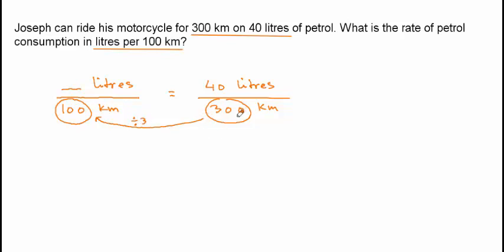And because the rate is fixed, which means all these fractions that you get are equivalent fractions, you need to divide this 40 with 3 as well. And 40 divided by 3 is 13.33. So the rate of this fuel consumption in liters per 100 kilometers is 13.33 liters per 100 kilometers. Let's do another one.